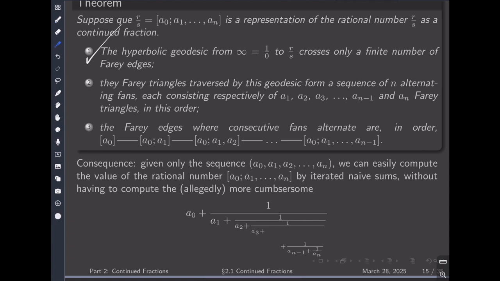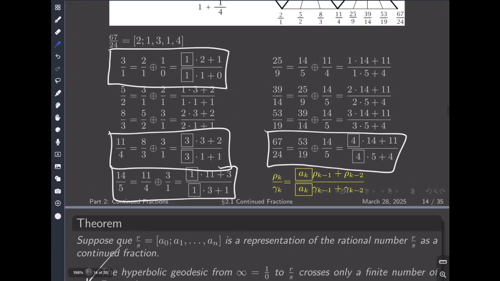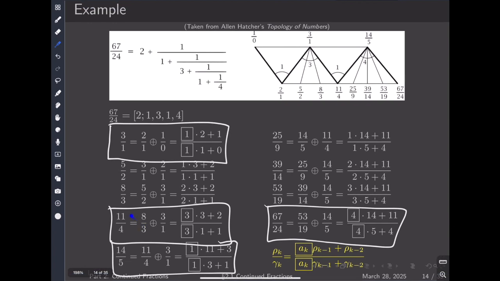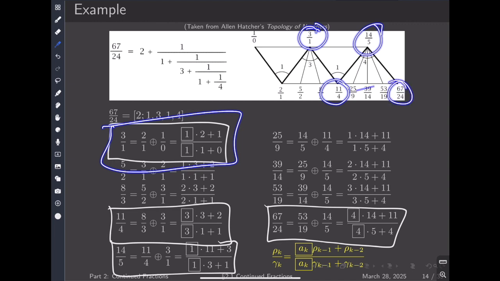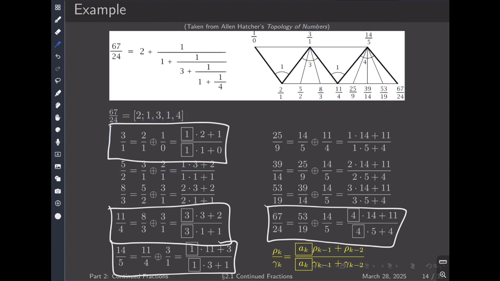And then here, just once more, the places where the change of fan alternation takes place are precisely these ones, because look here. The numbers in these boxes are precisely 3, 1, 11/4, 15/5, which, the formal description is, the result of applying the recurrences.